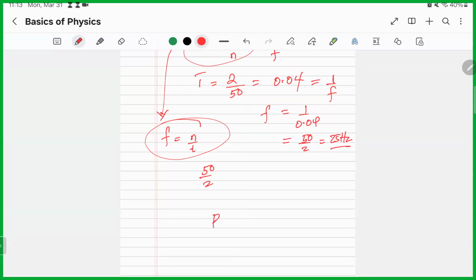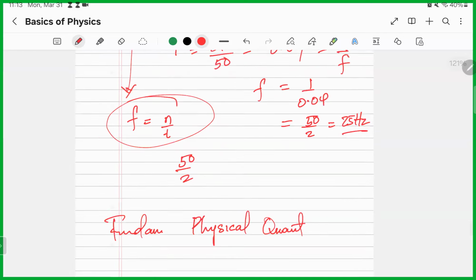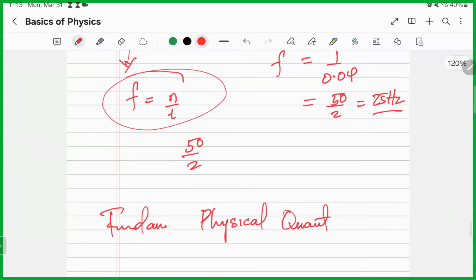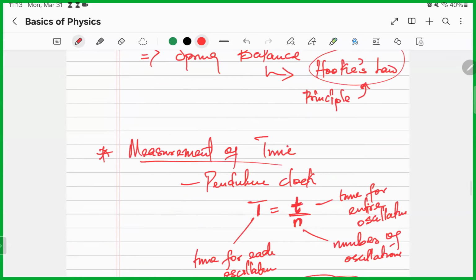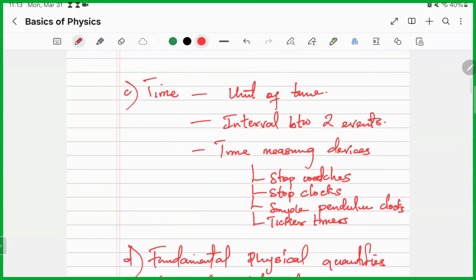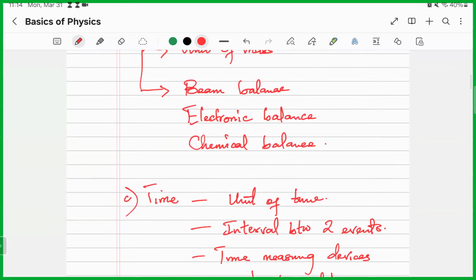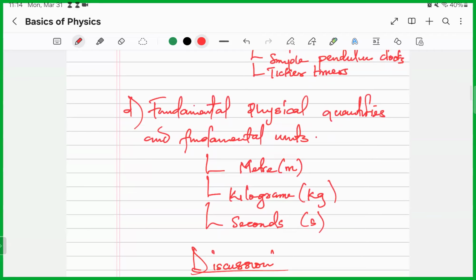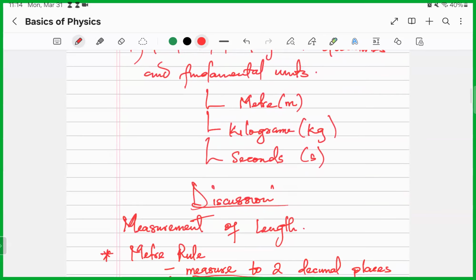And we're going to physical quantities. Physical quantities now in physics. Fundamental physical quantities. Let me quickly go back and reflect on what we said we're going to discuss. We said we're going to discuss mass, we are in physical quantities and fundamental units.